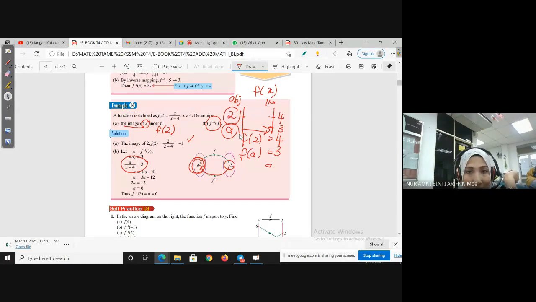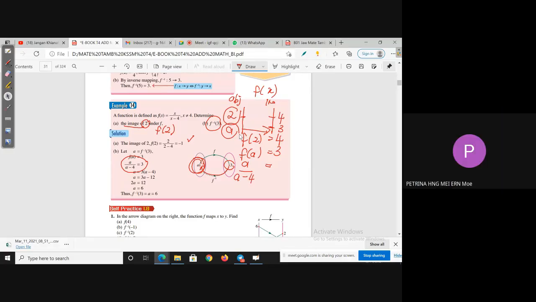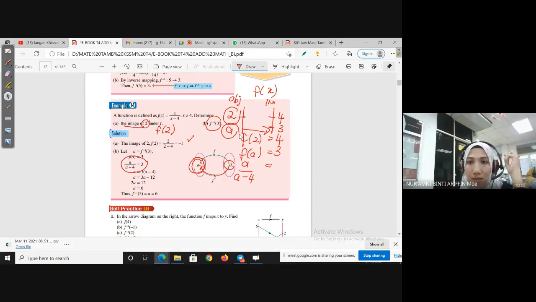So, that's why you have to change x become A. So, A over A minus 4. Kejap. Okay, this one is f(x). Betul? Sekarang you nak cari f(A). So, that's why you have to change x become A. So, A over A minus 4 equal to 3.